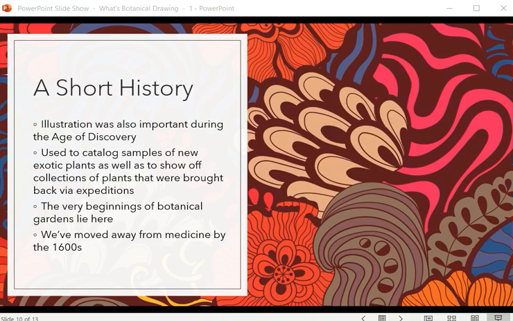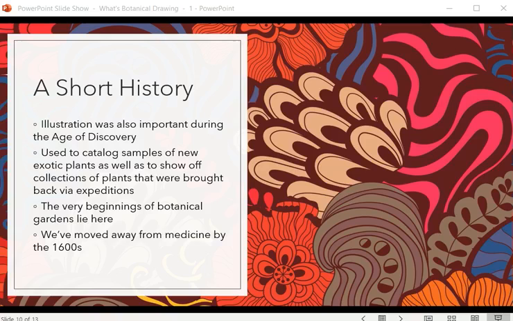These tended to be planted in fancy gardens and greenhouses, which is the very beginnings of what botanical gardens are now. By the end of the Age of Discovery, we've moved away from studying plants for medicine and towards studying plants for the sake of studying plants.